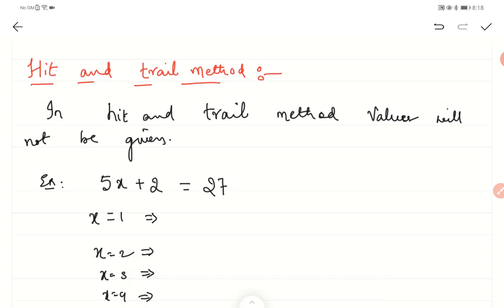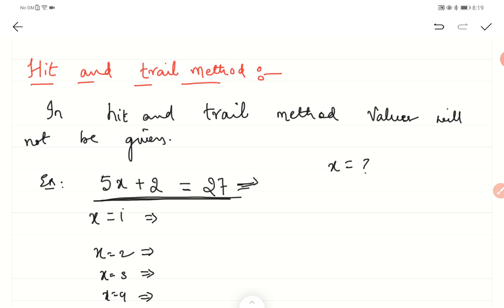So now we have this example equation, 5x plus 2 is equal to 27. By the hit and trial method, I'm going to find the value of x. Let me see if I put 1 in this equation.